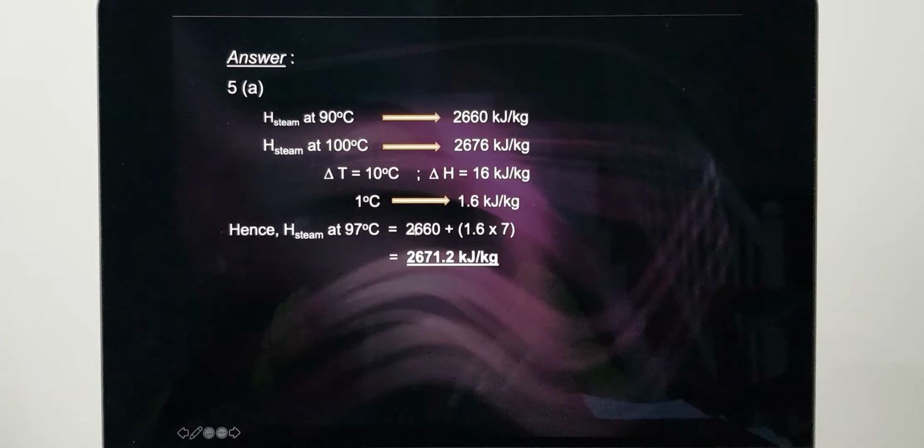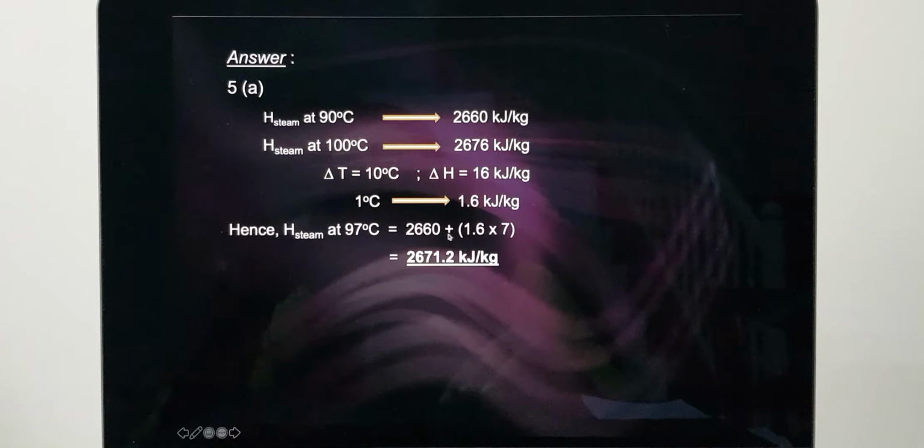Okay, and since we are referring to 90 degrees Celsius, get the value of enthalpy at 90 degrees Celsius over here and bring it down: 2660 plus the increment of the enthalpy for 7 degrees Celsius. So calculate 1.6 times 7. What is the value?